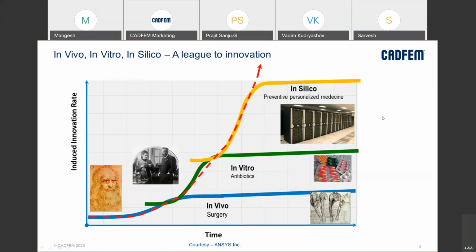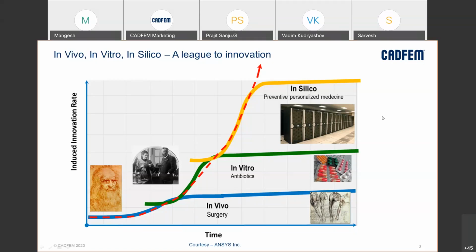And when such analyses are performed using a computational option like computational fluid dynamics, where we are using silicon chips for solving equations and then identifying the performance of these human organs, that's where we call them in silico.